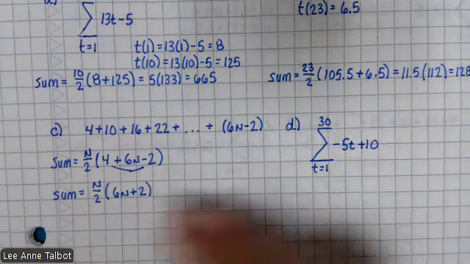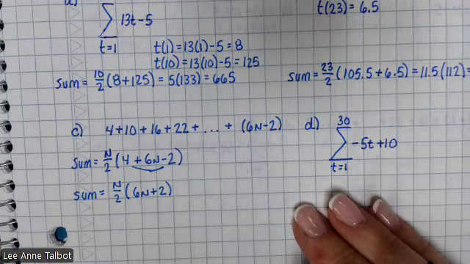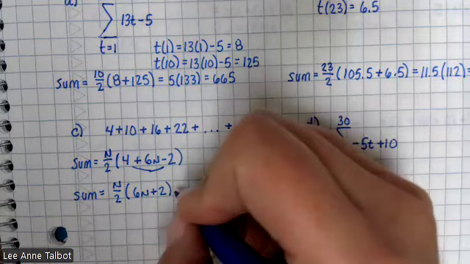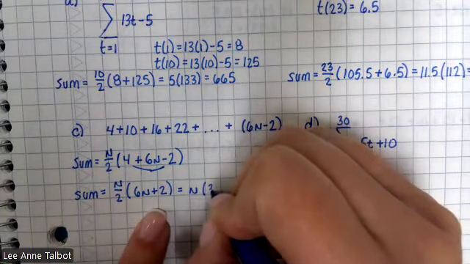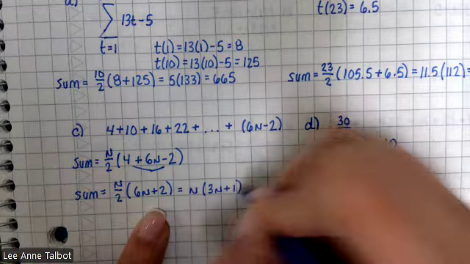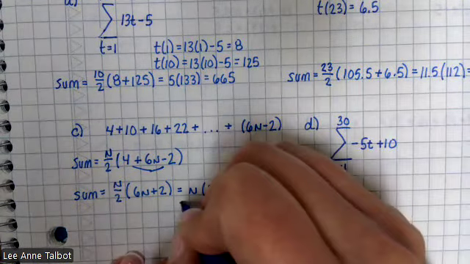Okay, so I combined those two guys. I'm going to do this in 2 steps. I'm going to divide both of those by 2 first and then distribute.